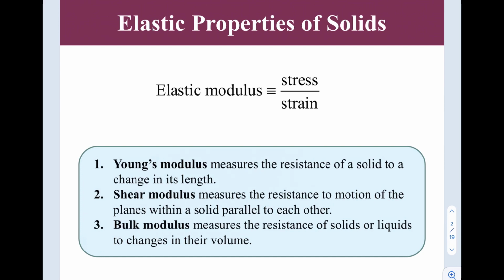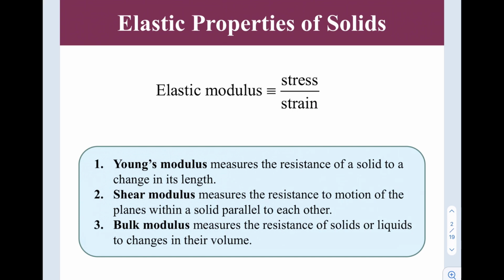It's not only a rubber band, for example, that has elasticity. Actually, solid materials also have elastic properties, for example bricks, road, cement, and also metals like copper, aluminium, zinc.